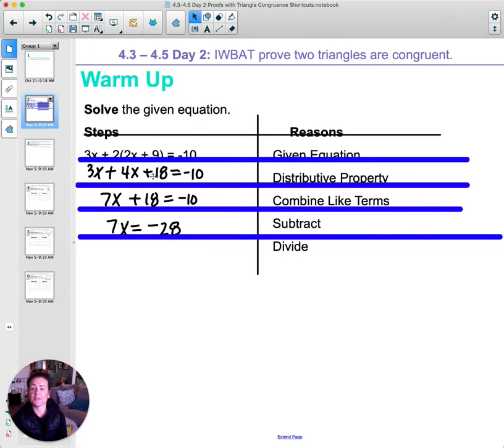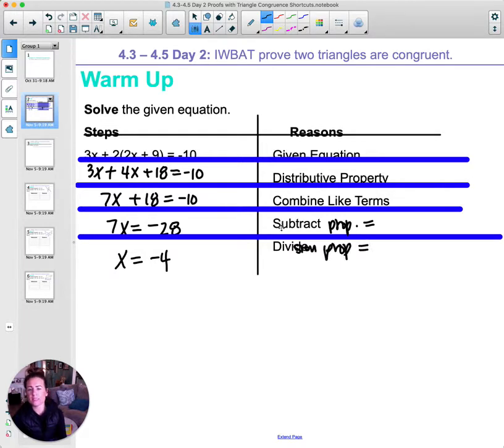So we'll divide by 7 to both sides, and that's going to be negative 4. The long title for subtract is the subtraction property of equality, and divide is actually the division property of equality. But for our class, you can say subtract to both sides or divide to both sides. It's just justifying your steps over here.